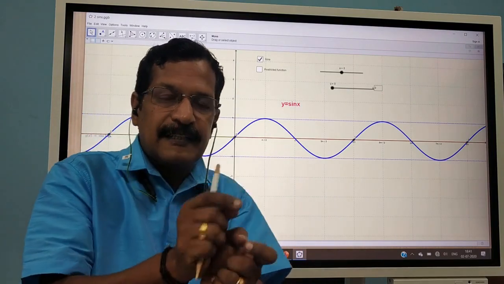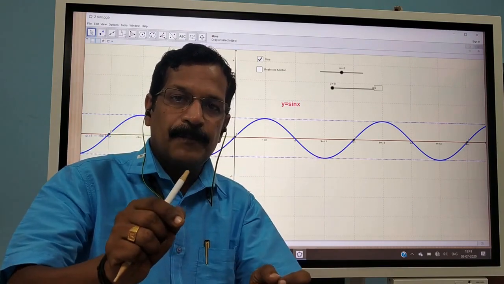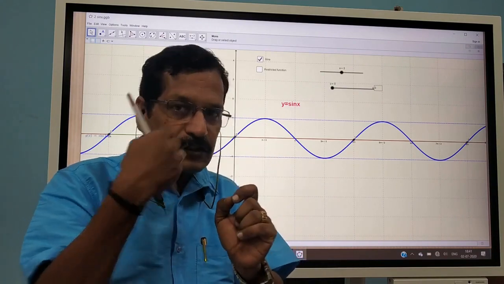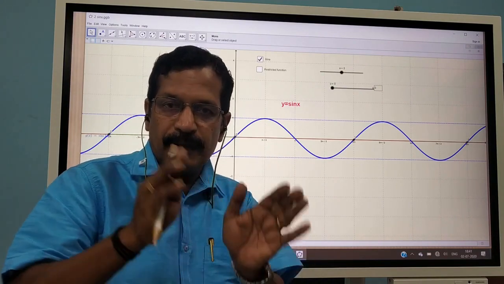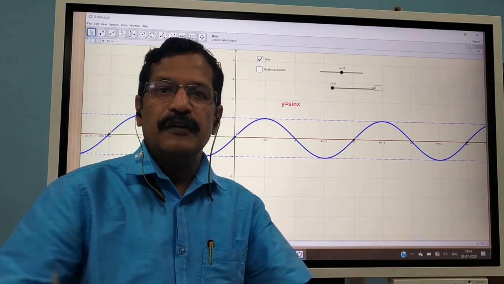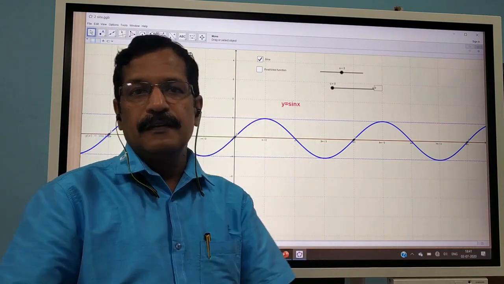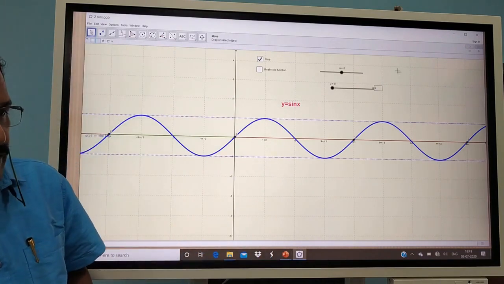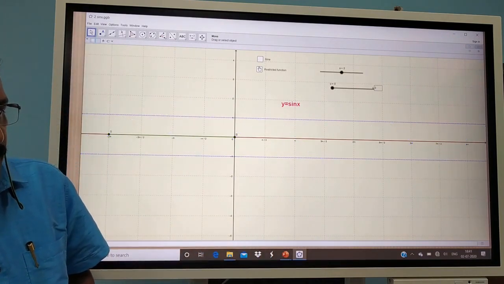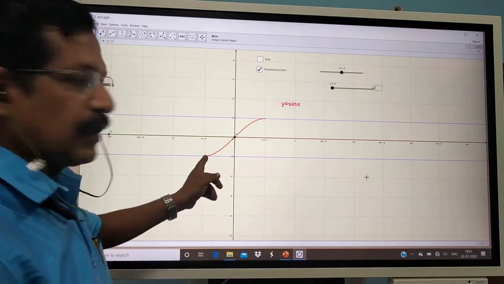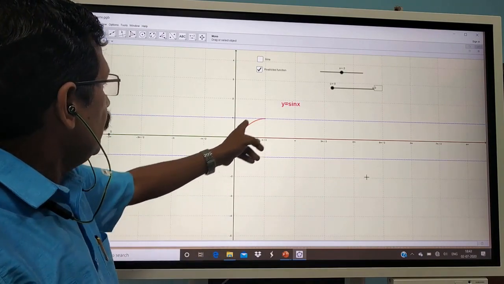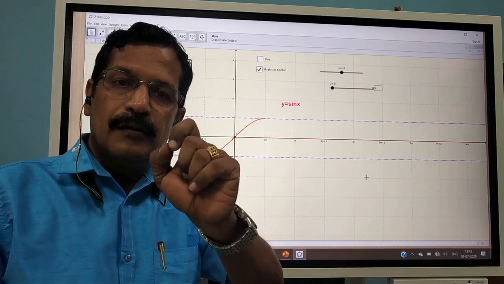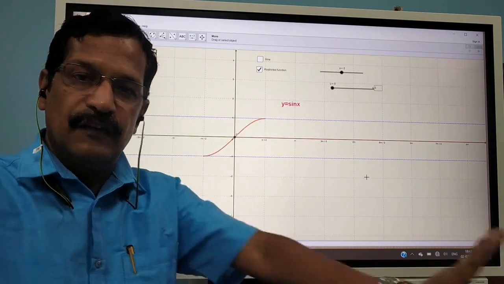So if you restrict the domain such that the function is one-one, and it is of course onto, then the function f of x equal to sin x becomes invertible. So we are restricting the domain to this case, where the function is one-one and onto, hence invertible.